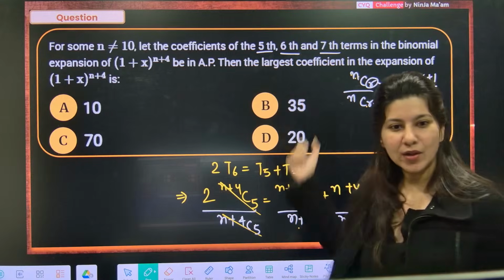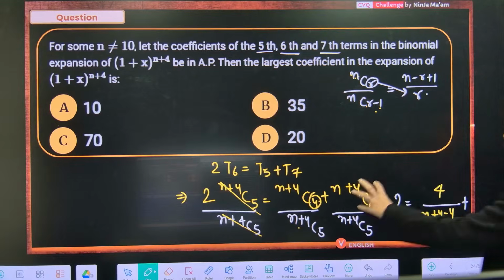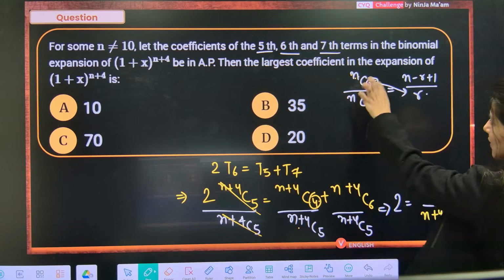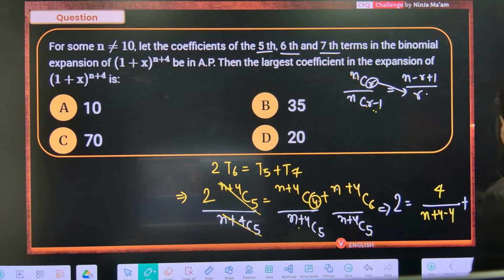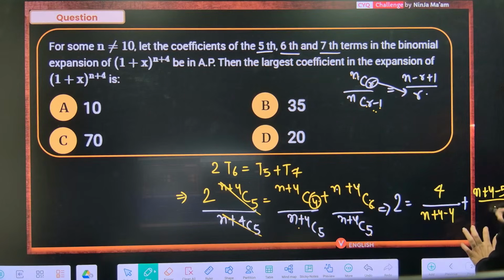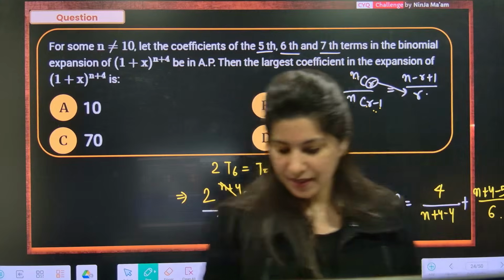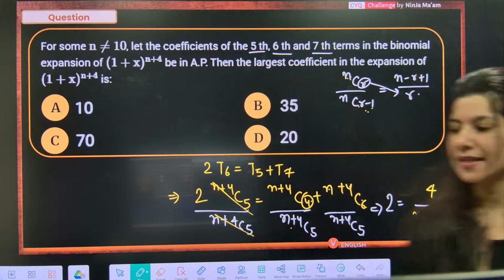Reciprocal we have applied. If you're not getting it, you will get it now when I apply the property. Can you see this is matching? r minus 1, so 6 and 5, correct? Now n plus 4 minus 5 upon this 6 right here. I hope that it is visible.